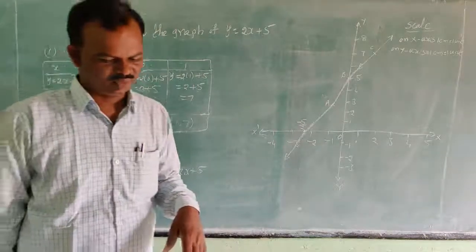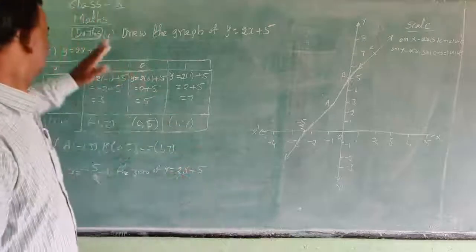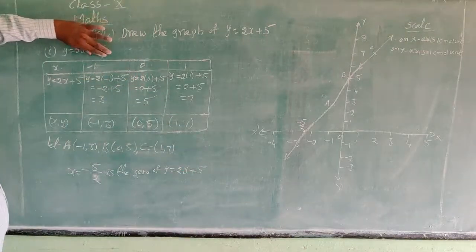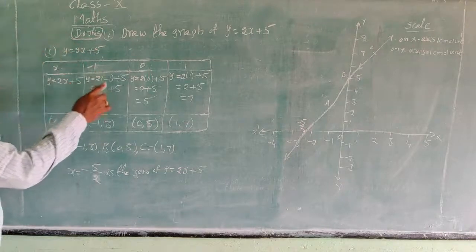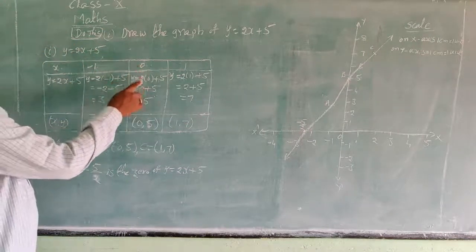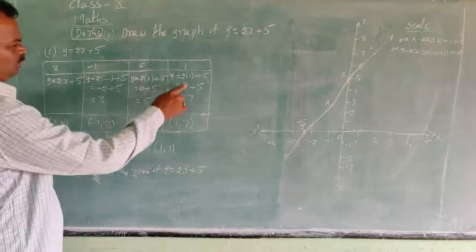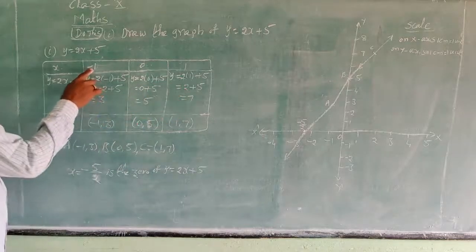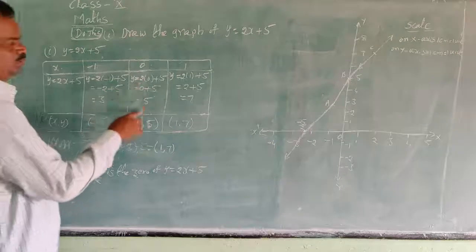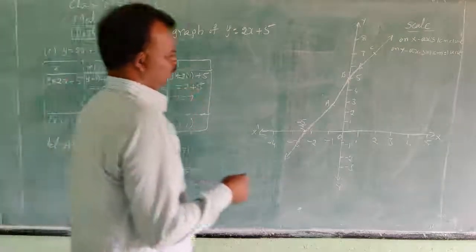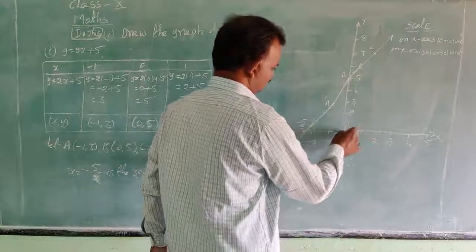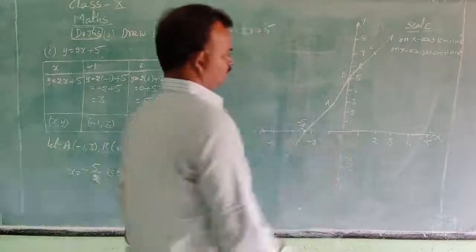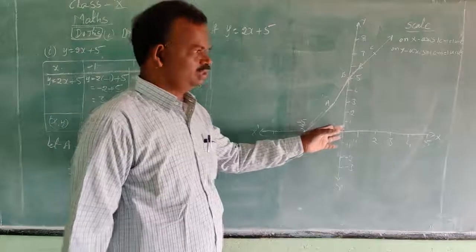The third one is y is equal to 2x, where there is no constant. 2 into minus 1 is minus 2, 2 into 0 is 0, 2 into 1 is 2. The points are minus 1 comma minus 2, 0 comma 0, 1 comma 2. It passes through the origin. Therefore, the zero of the polynomial is 0.